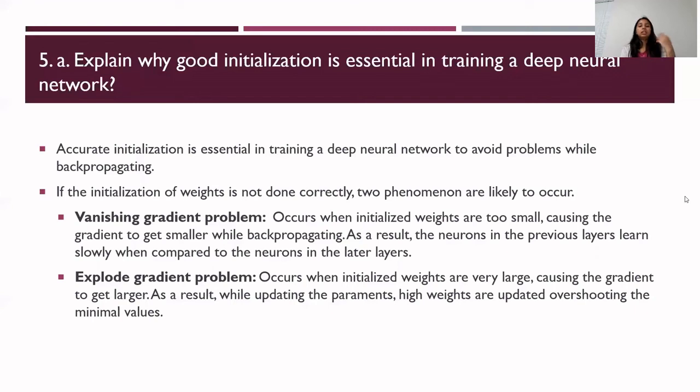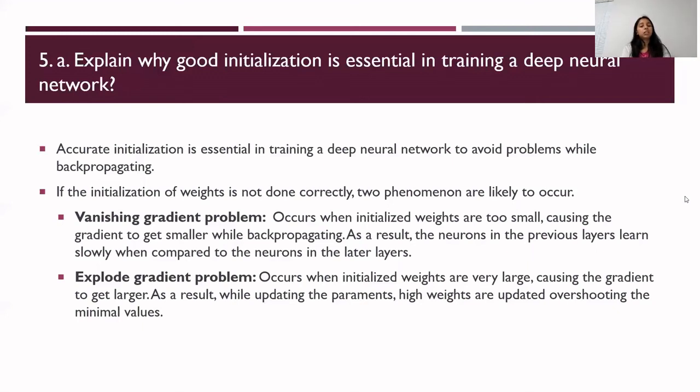If we initialize the weights of a neural network with very small values, the gradient gets smaller while backpropagating. As a result, the neurons in the earlier layers learn slowly when compared to the neurons in the later layers. This problem occurs when the weights are initialized too small.